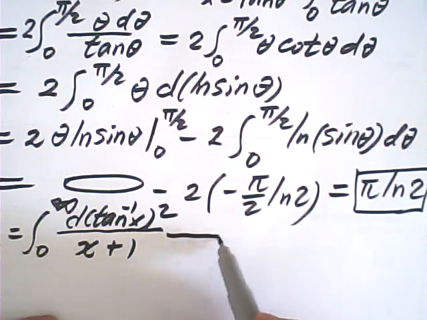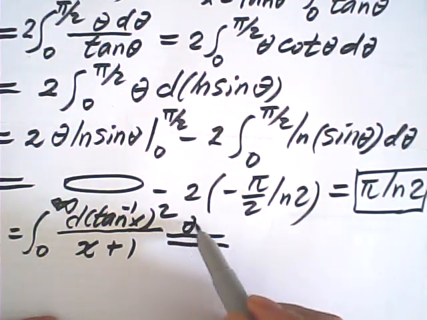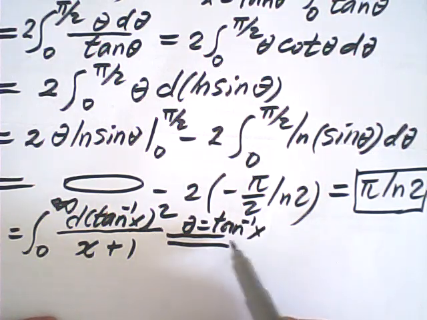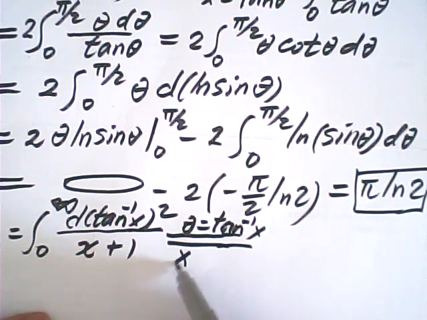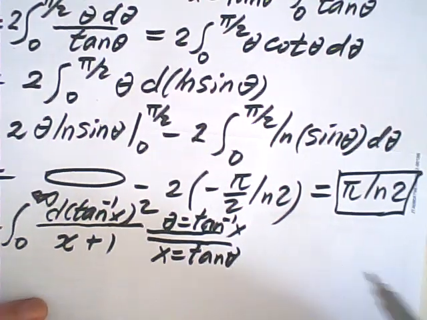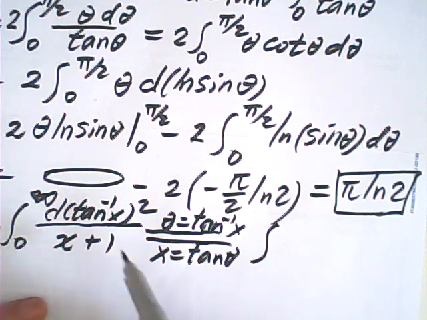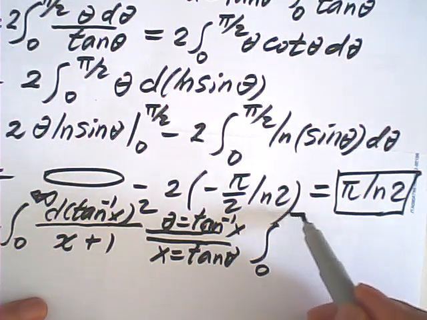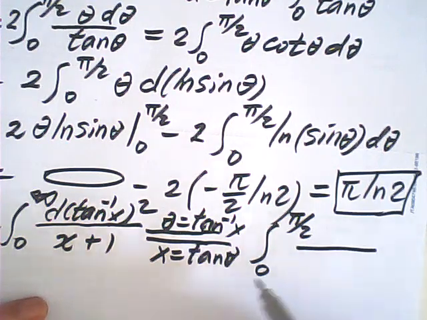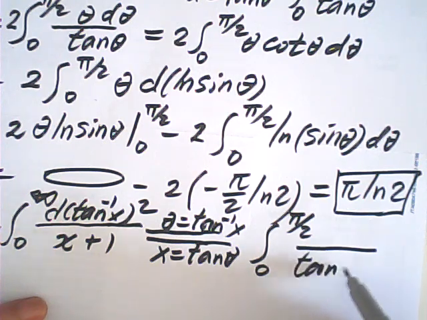I'm using the same substitution. Let theta be arctangent x. Then x is equal to tangent theta. And then the boundary will be the same, from 0 to half pi. This will be tangent theta plus 1, right?